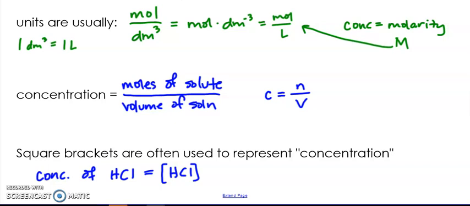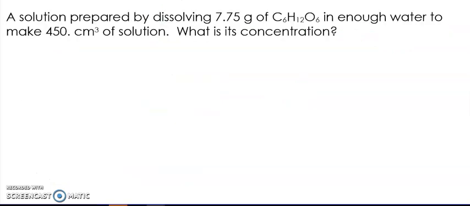All right, so let's do an example with this equation. A solution prepared by dissolving 7.75 grams of C6H12O6. So here we have a mass, in enough water to make 450 centimeters cubed of solution. So there's our solution. We've got a volume. What's its concentration? So concentration is moles over volume of solution. So we have to convert mass to moles, and we have to convert volume to decimeters cubed.